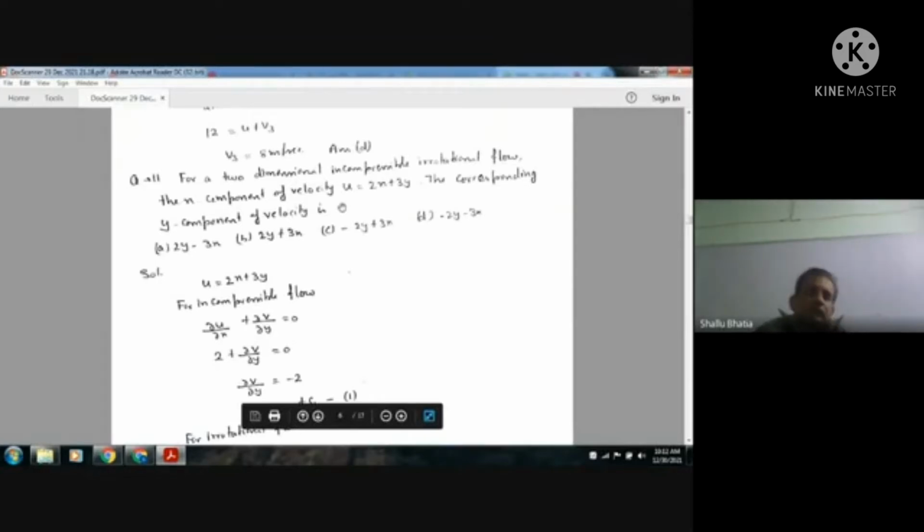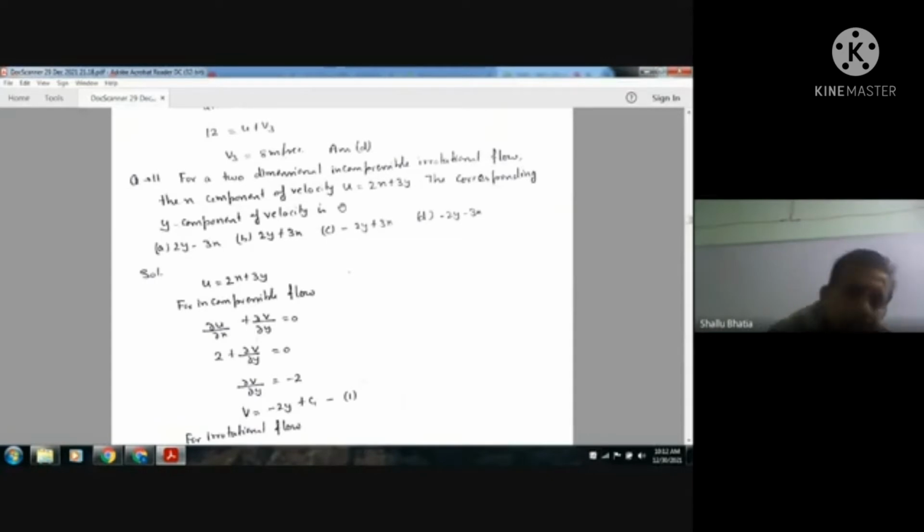Now the flow is given as incompressible and irrotational. For incompressible flow, as we have derived in the previous question also, curly u by curly x plus curly v by curly y is equal to 0.